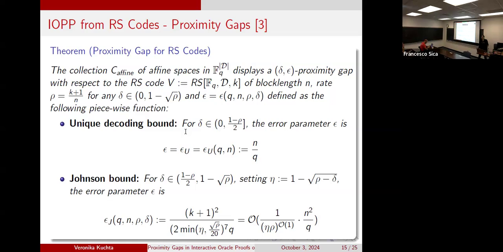So the question is, if we manage to define proximity gap up to the bound 1 minus rho, then that would lead to a significant improvement of the soundness of IOP protocols, which would immediately lead to an improved soundness of ZK-STARKs or ZK-SNARKs, right? Because as you know, ZK-STARKs and ZK-SNARKs are built from IOPs plus some commitment scheme. So basically, the soundness of these cryptographic protocols directly depends on the soundness of the underlying IOP.